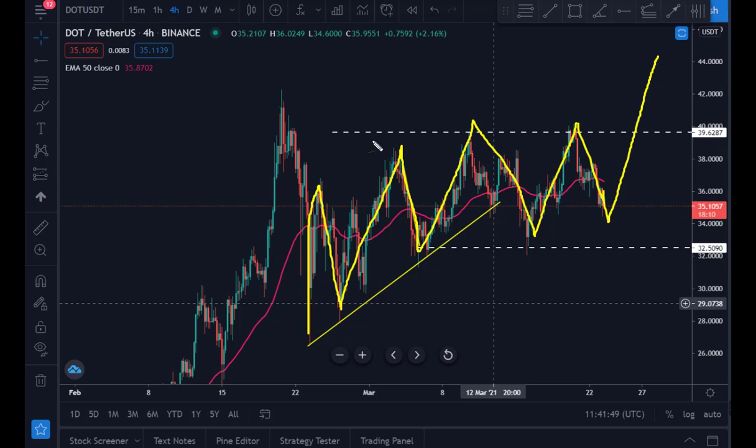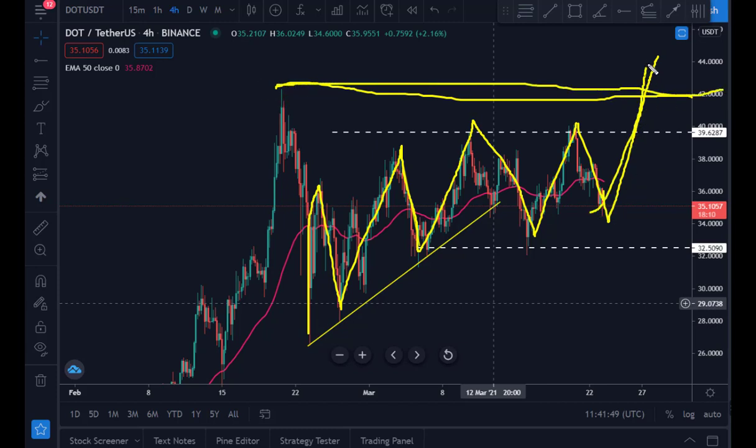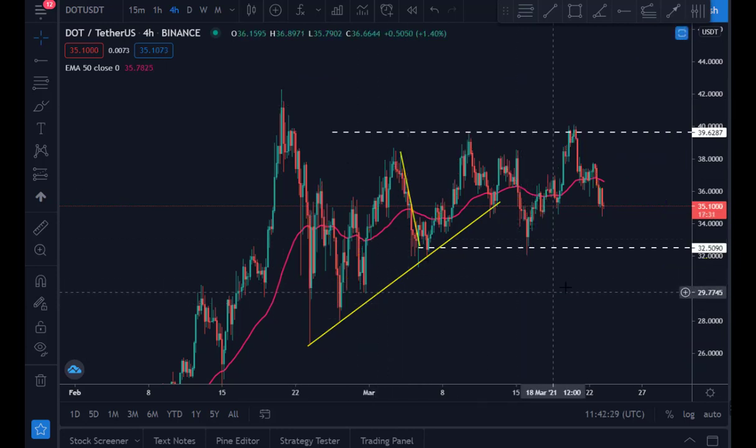One thing you should know about this coin, based on what is forming, is that we might expect this to break this all-time high. Once you break this all-time high, expect a very fast plunge. So this might be an indication that it's trying to go higher, but the sell setup is not confirmed.